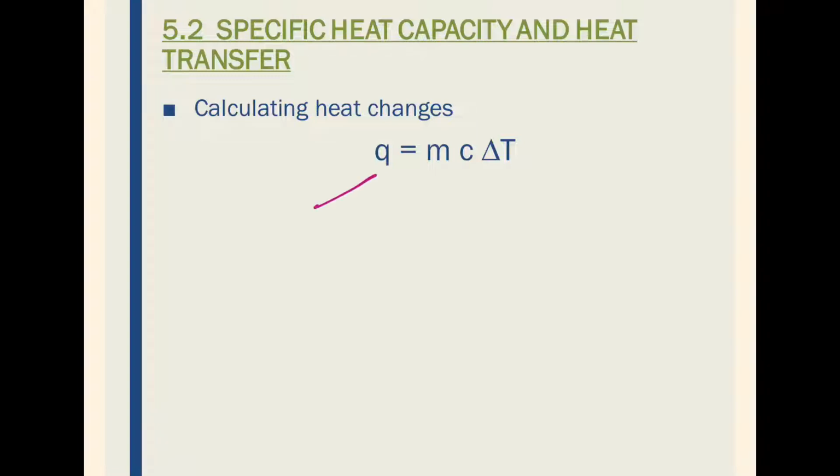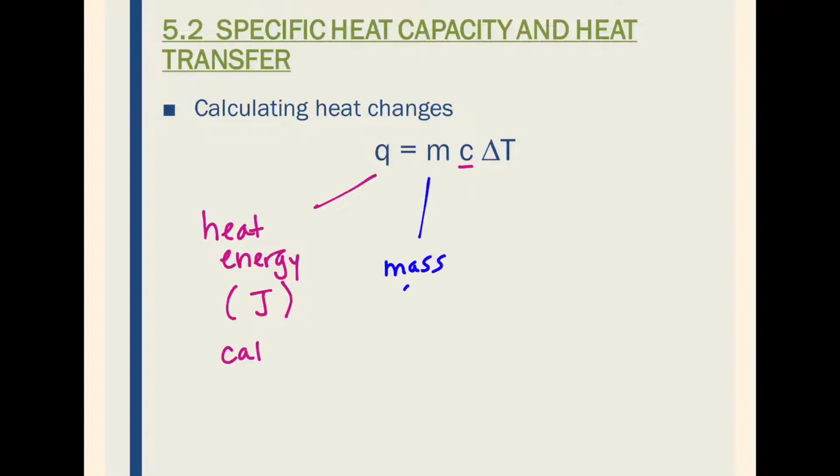So Q represents our heat, and really this is heat energy. If that's our energy term, it needs to have some sort of energy unit. It's typically joules. You could maybe see calories as well, depending on what your units for C are. M is the mass, and that's going to be in grams.